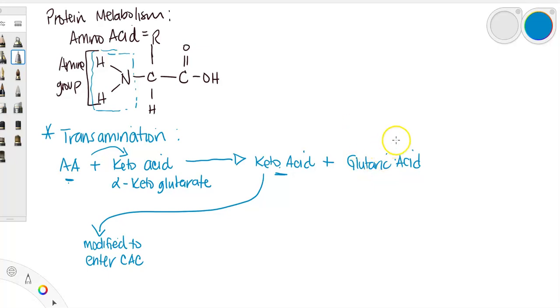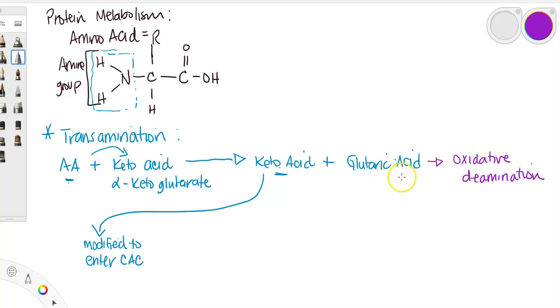All right, the glutamic acid then goes through another process called oxidative deamination. So in transamination, we transferred that amine group over to a keto acid. Now we're going to actually get rid of that nitrogen component.